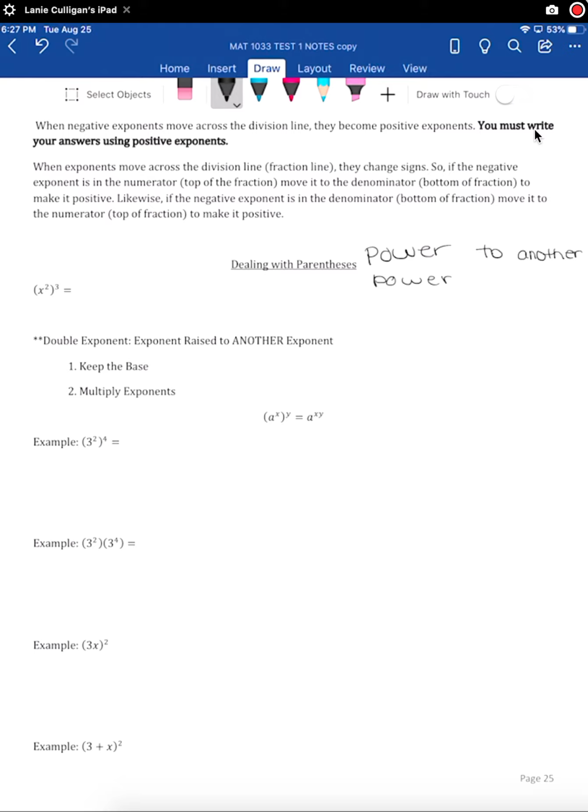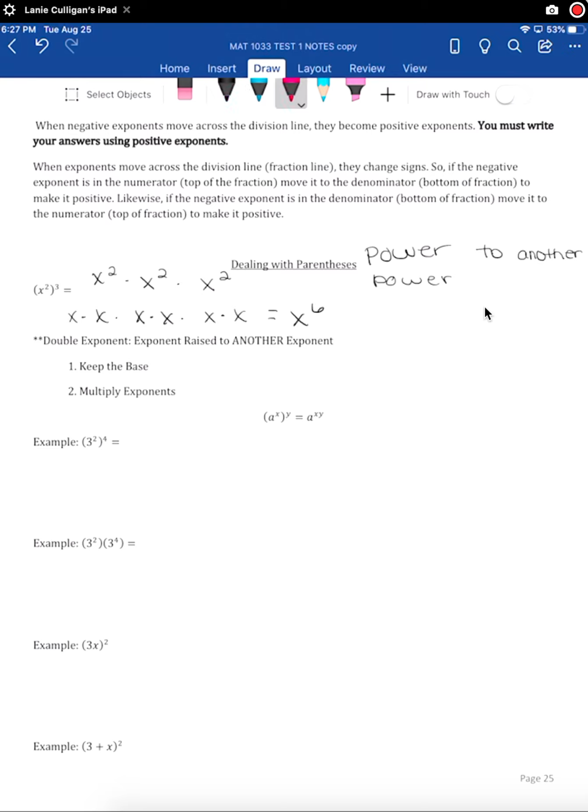Well, let's think about this. X squared cubed means I have x squared 3 times. So x squared times x squared times x squared. Well, x squared is x times x, so that will give us 1, 2, 3, 4, 5, 6 x's total. So x to the 6th power.